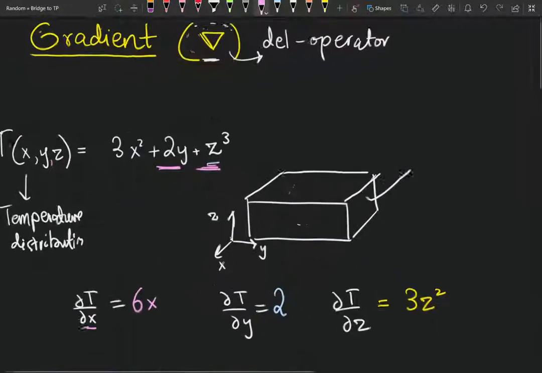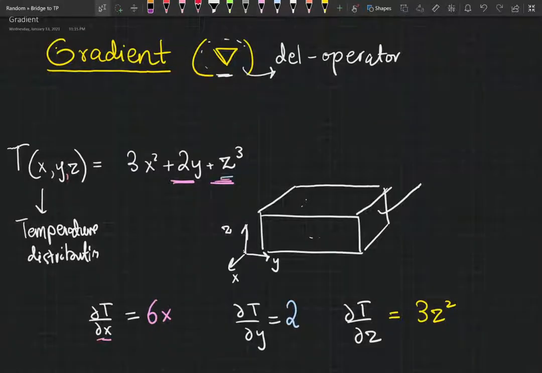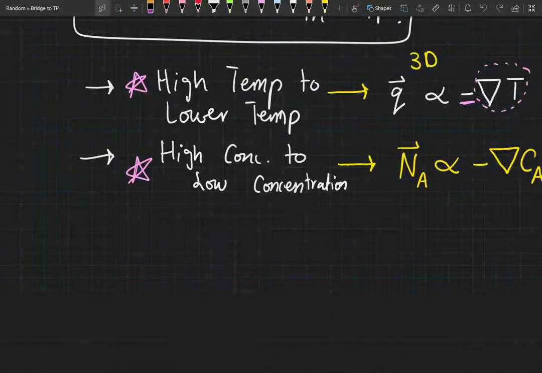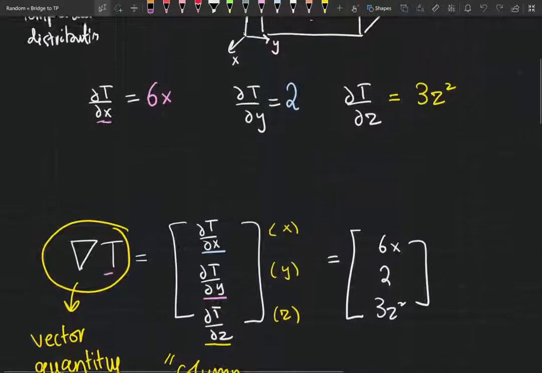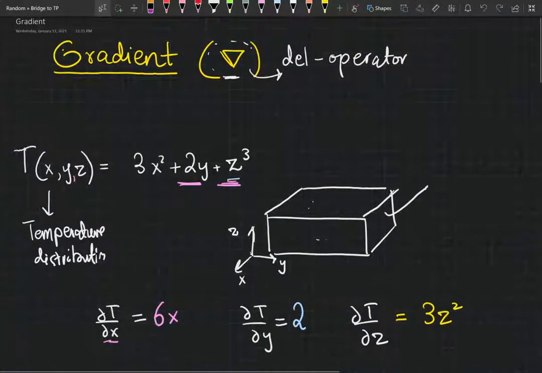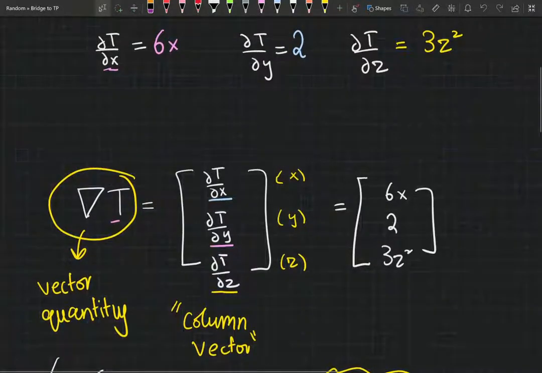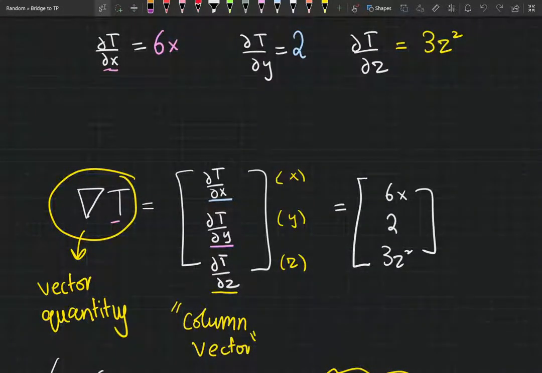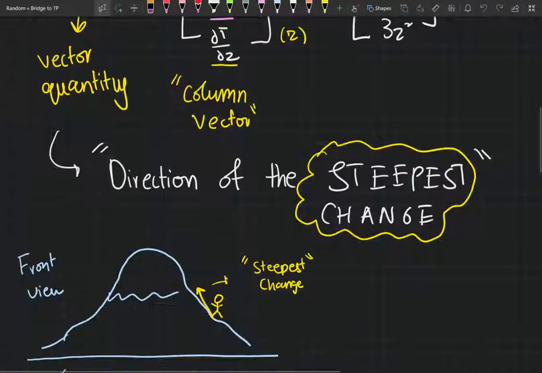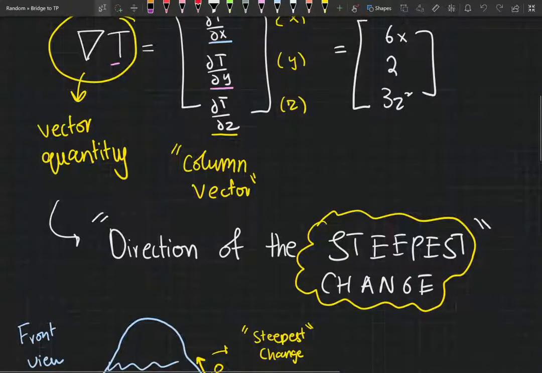We learned how to compute the gradient, also known as the del operator, on this simple temperature profile in Cartesian coordinates, and this right here is the definition of the gradient. The gradient itself tells you the direction of the steepest change, and the magnitude tells you how fast, the rate at which you're rising.